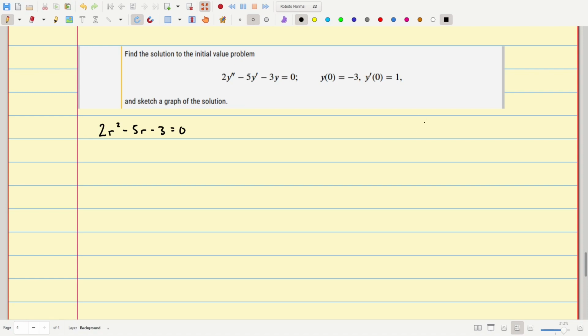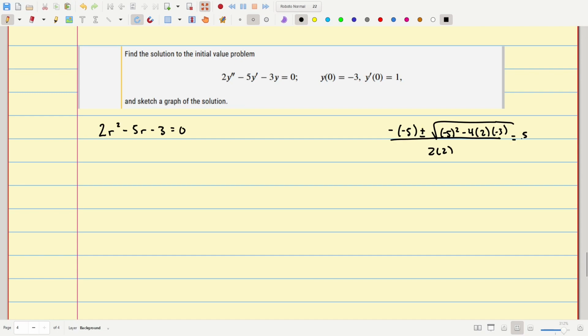If you don't recognize immediately that this is factorable, we can, of course, use the quadratic equation and go with -b plus or minus the square root of b squared minus 4ac, all over 2a.